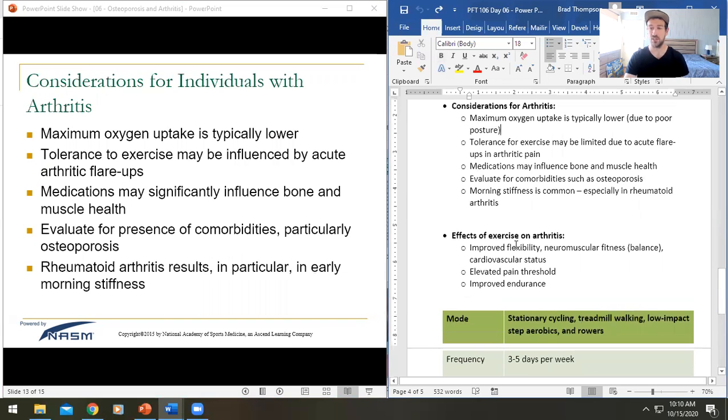So our considerations for arthritis clients: we'll typically see a decreased maximum oxygen uptake here. This is really similar to what we saw in osteoporosis, but the reasons are different. Both of them will struggle with breathing. A lot of times people get confused between arthritis and osteoporosis. Osteoporosis, bone density. Arthritis, bone space, right?